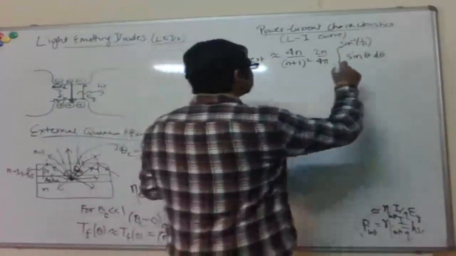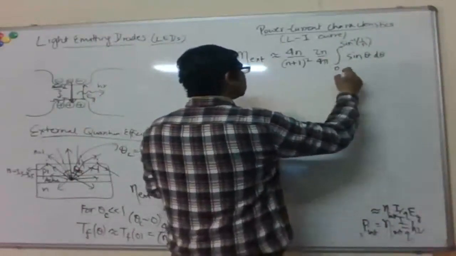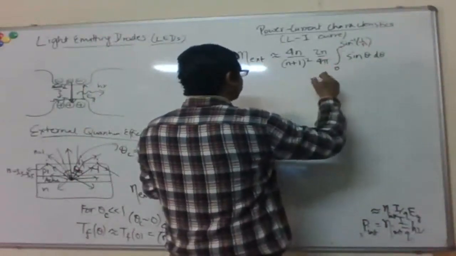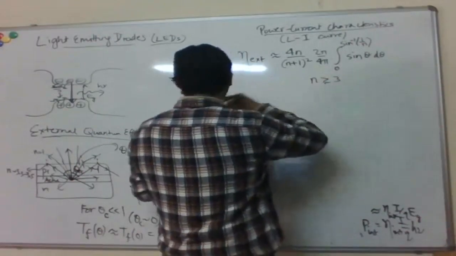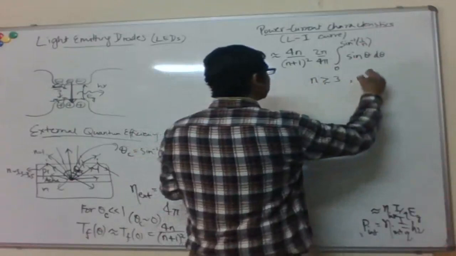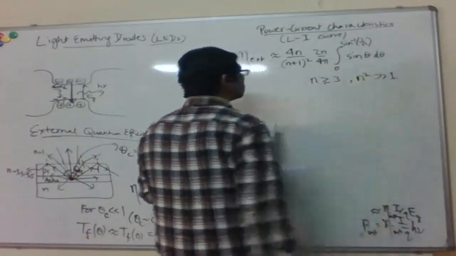And then we make a further simplification. If n is greater than 3, which is the case for these materials here, n square is close to 10, so that's much bigger than 1.